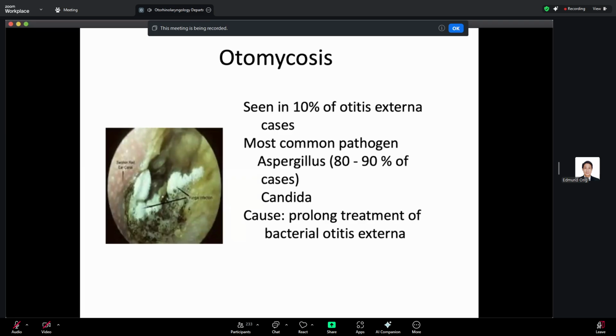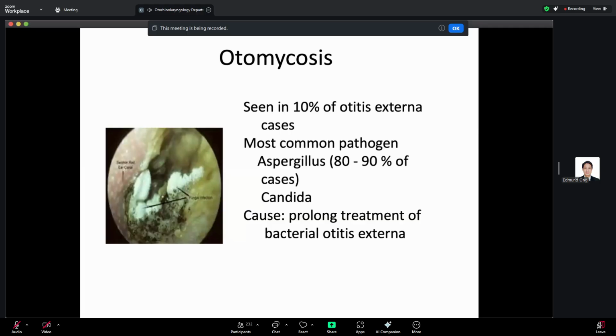You gave the patient antibiotic otic drops, and the patient disappeared, did not follow up, and used the otic drops for a very prolonged period of time that it resulted in otomycosis. So that's a very common scenario.